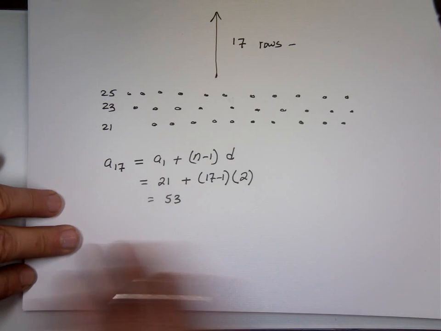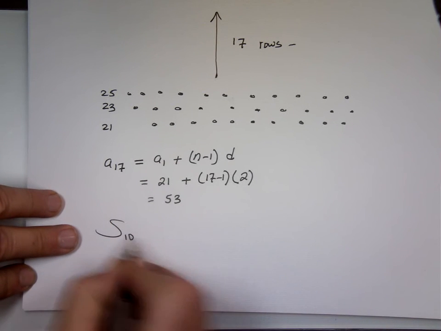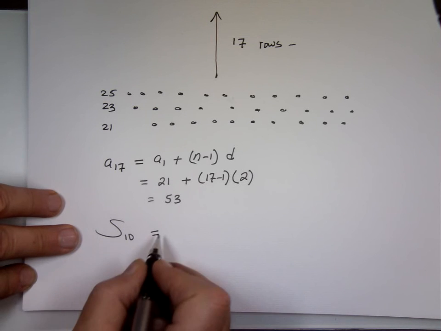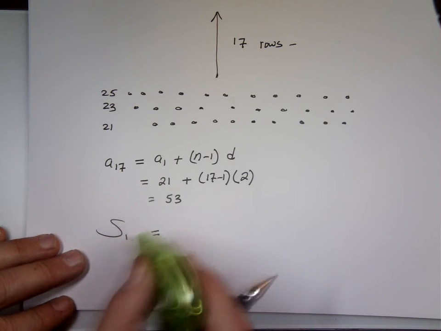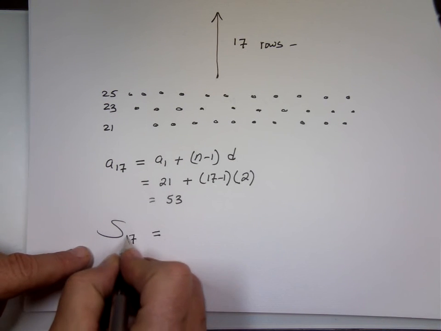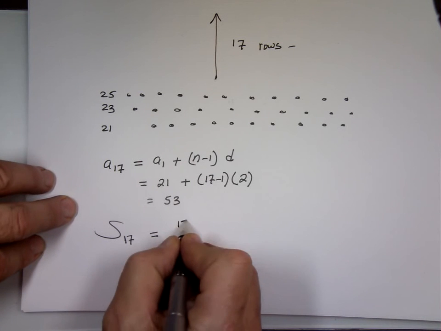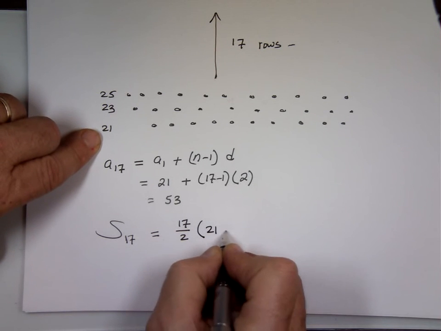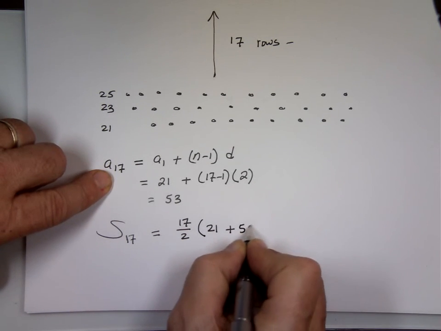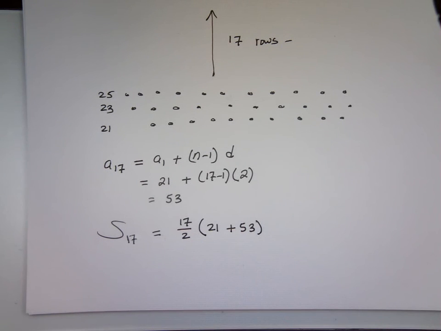So what's the sum of the trees? It has 17 rows. It's going to be 17 over 2 times row 1, which is 21, plus row 17, which is 53. 21 plus 53 equals 74.